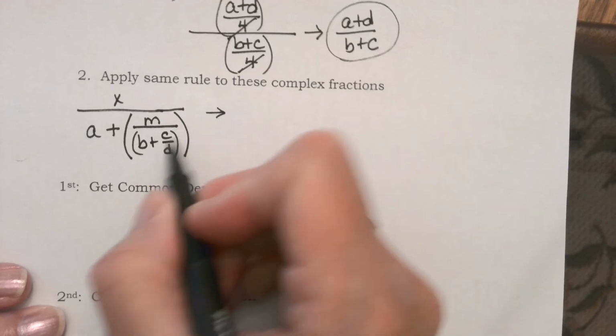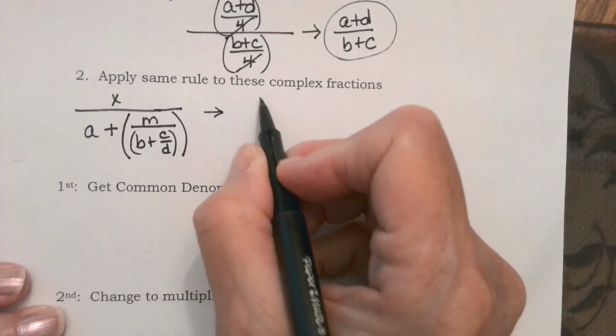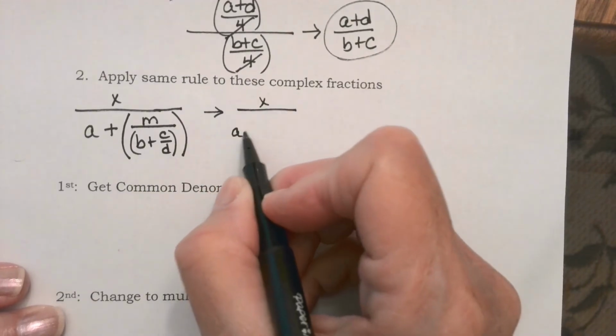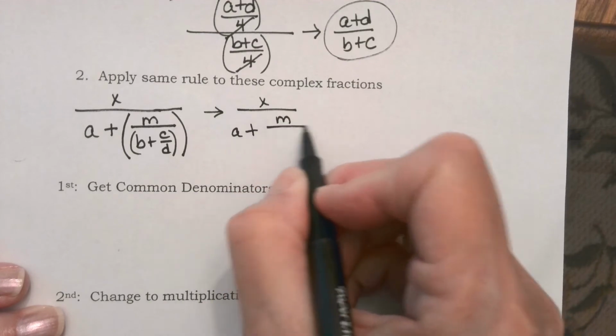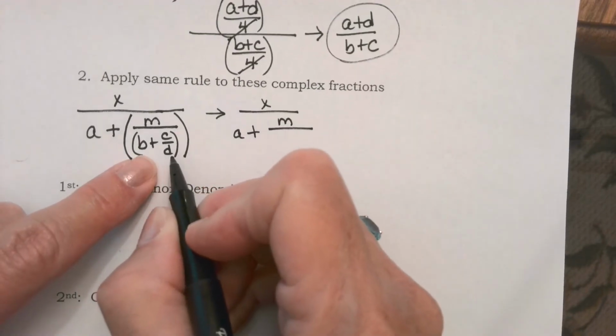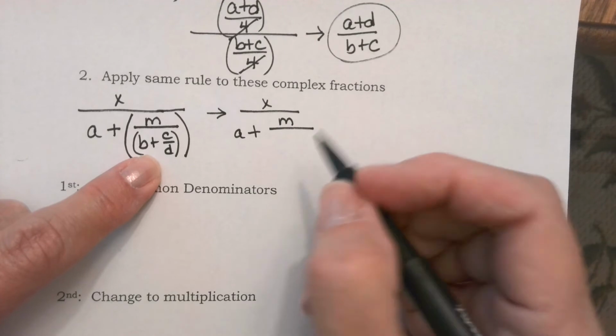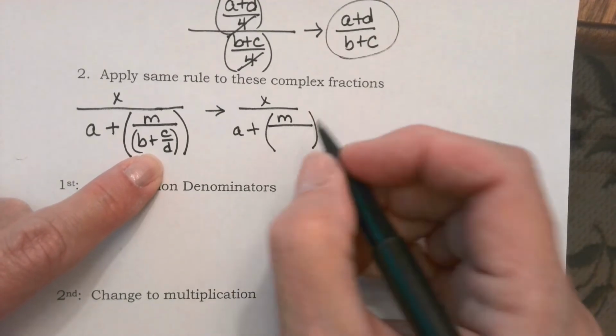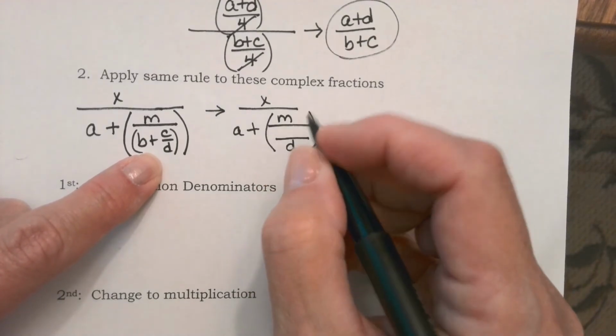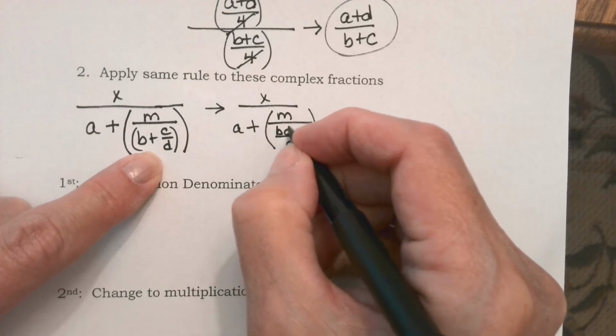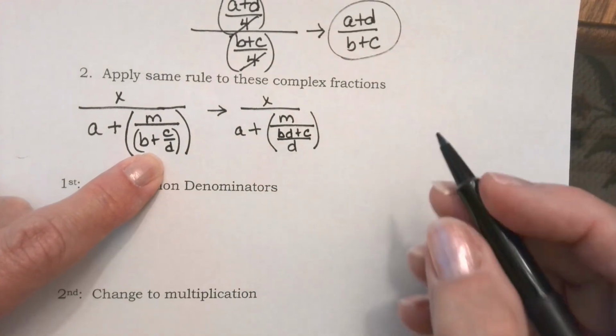What we have to do is concentrate down here first. So we've got to simplify this part. It needs to have a common denominator. If I get a common denominator there, it's going to be d.